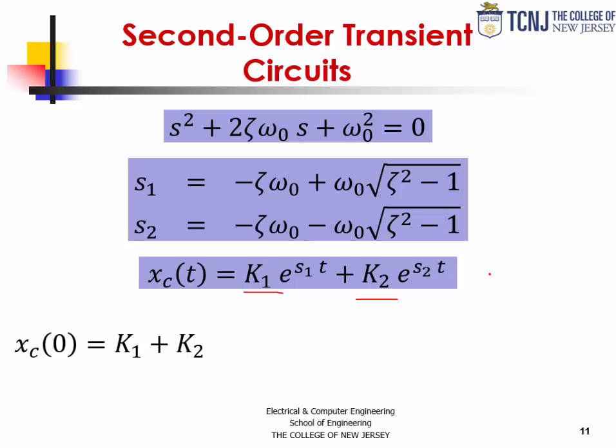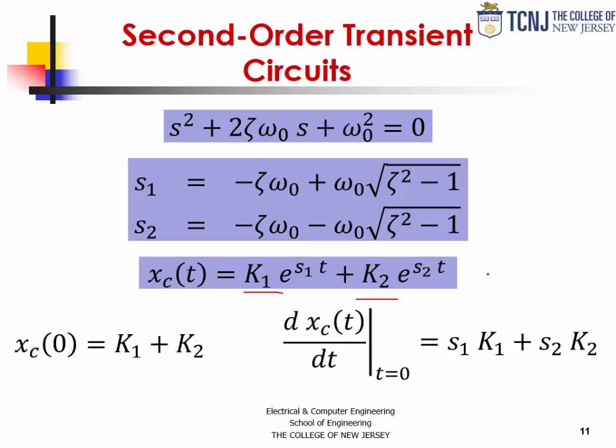And to find out the values of k1 and k2, we have to use the initial conditions, going back to the concepts of the behavior of current and voltage in a capacitor and an inductor, and formulate that the initial value is going to be equal to k1 plus k2, and that the first derivative of the solution equation evaluated at t equal to 0 is going to be equal to s1 times k1 plus s2 times k2.